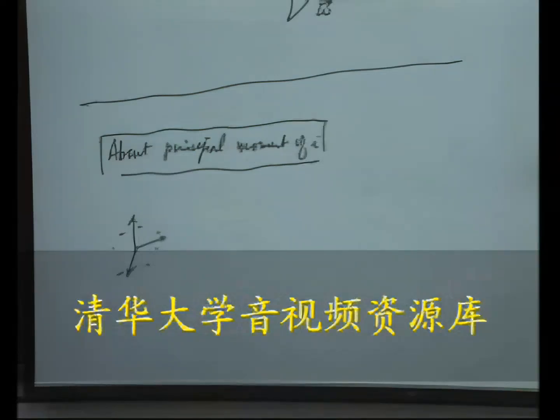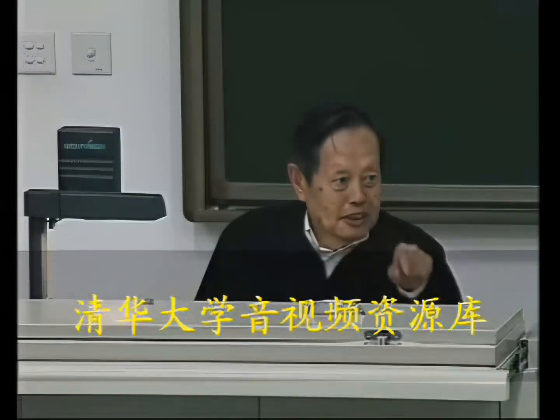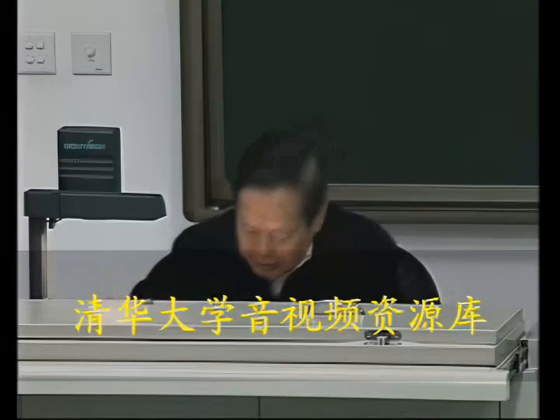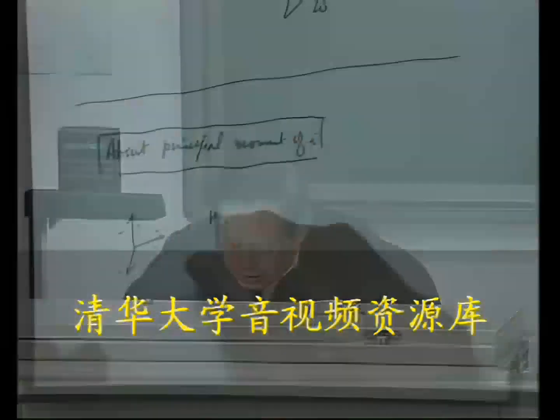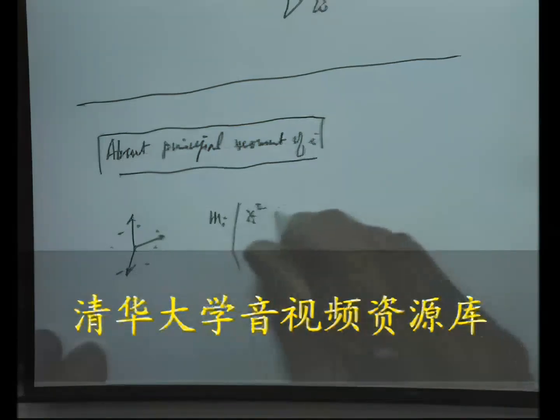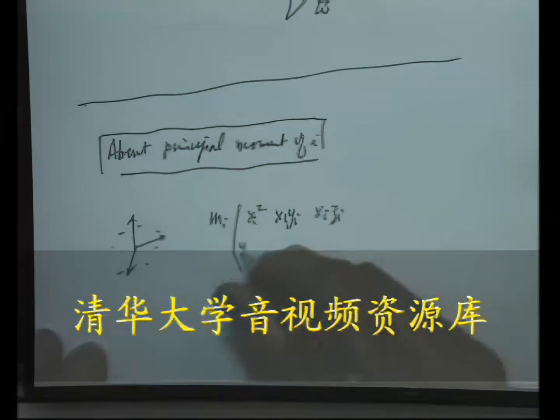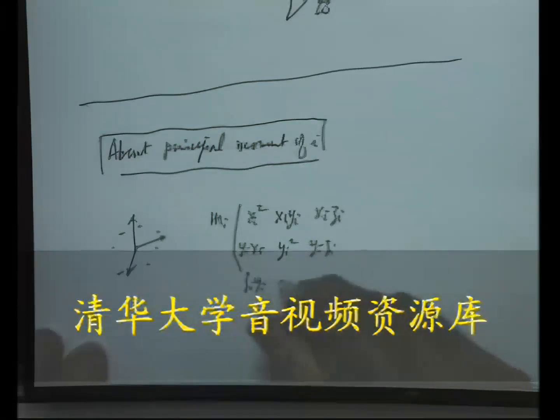Each particle contributes something to the moment of inertia. We are now talking about this in the center of mass system. So the contribution is, we have written this as m_i times x_i squared, x_i y_i, x_i z_i, y_i x_i, y_i squared, y_i z_i, z_i x_i, z_i y_i, z_i squared.